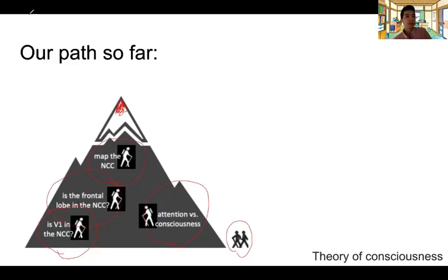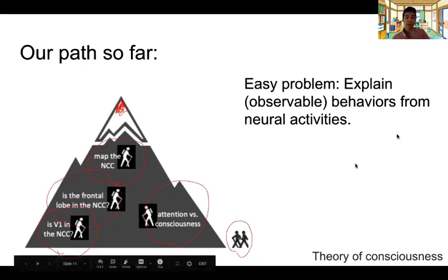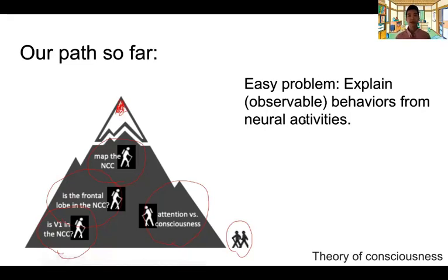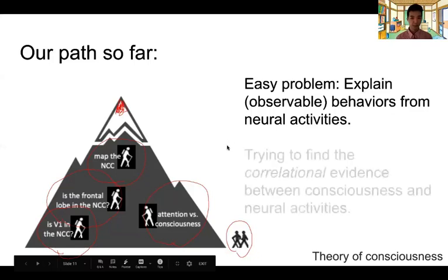And this type of strategy has been criticized by philosophers. Sometimes they call this type of approach the easy problem, an extension of the previous studies. Their categorization of this type of approach is that the study is just trying to explain observable behaviors from the neural activities, and it doesn't get to the top of this mountain, which is the hard problem.